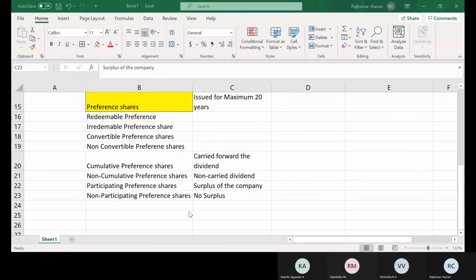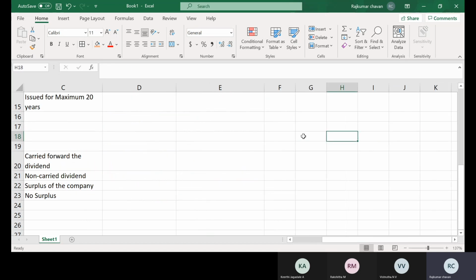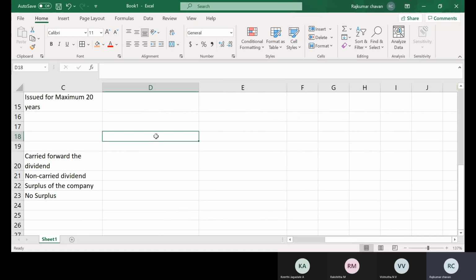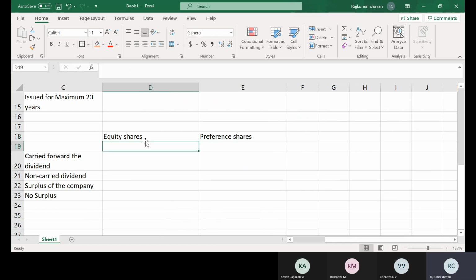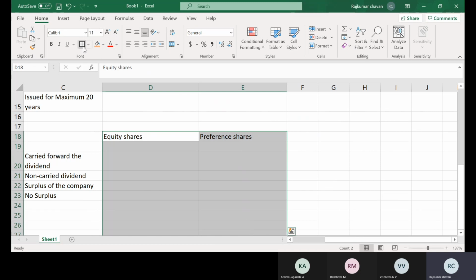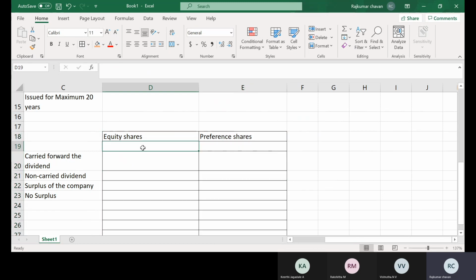Yes, sir. So now let us see the basic difference between equity and preference. When you say equity and preference, what exactly is the difference? One is equity share and one is preference share. What is the difference between both? What is the main thing you get in equity share?